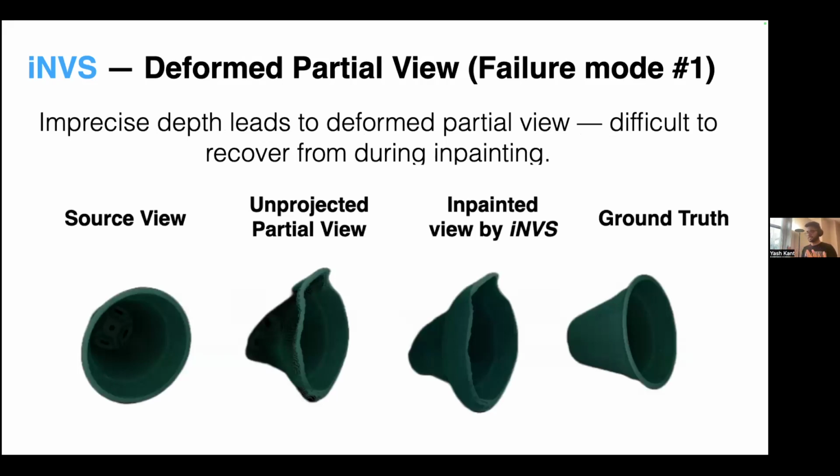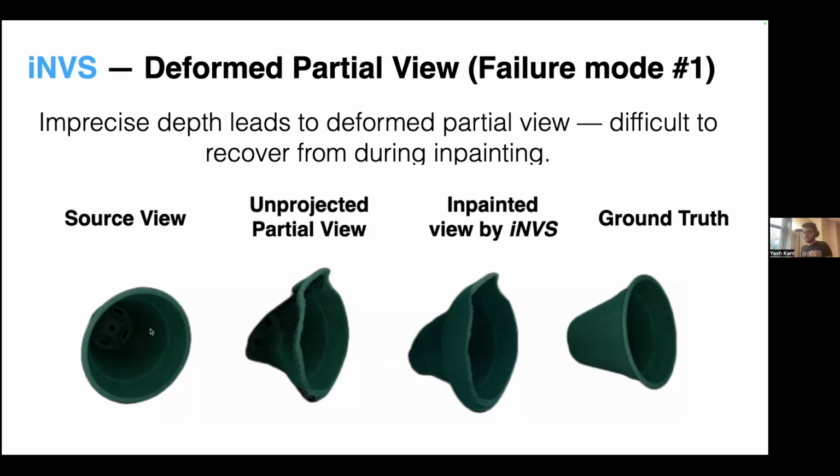So why do we struggle with the structural similarity index? The most important failure mode that we notice is imprecise depth. Since we take the source view and apply depth to it and project it, a lot of the time this depth is noisy. And when it is noisy, the unprojected partial view that we generate in itself becomes noisy.